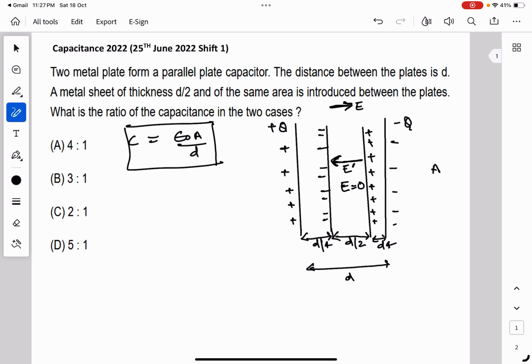And the magnitude of the charges on both sides of this slab is equal to the charges on the plates of the parallel plate capacitor. So now this parallel plate capacitor behaves like two parallel plate capacitors, each of thickness d by 4.